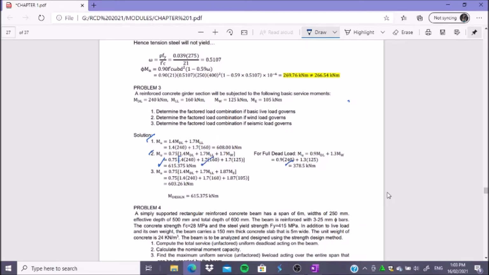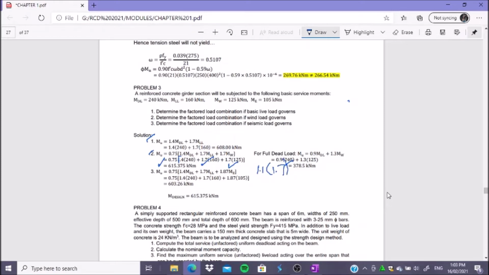Then for MU, considering earthquake, that is 1.4 dead load, 1.7 live load, and 1.87 earthquake. Then again, 75% lang naman yung kukunin natin dyan. Now, last time sinabi ko yung 1.87 is equal to 1.1 times 1.7.